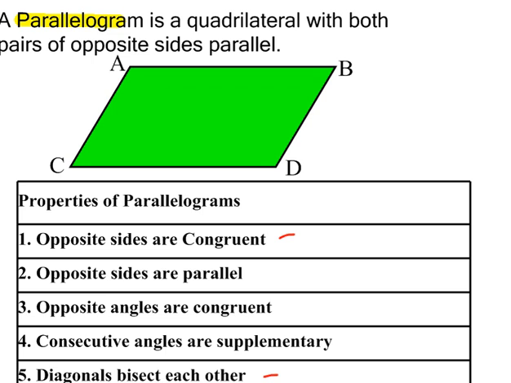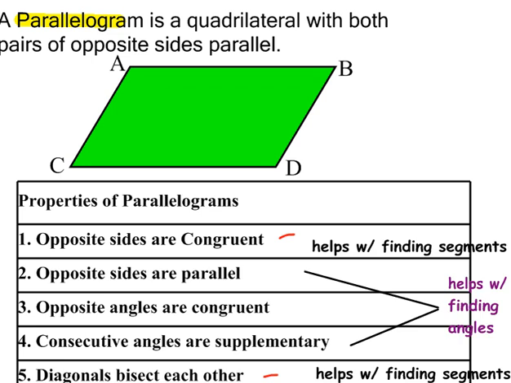So that's very important, and that's something that maybe you should write down. Here, I'll write it down myself. All right, so there it is. Properties 1 and 5 help with finding segments, while properties 2, 3, and 4 help with finding angles.